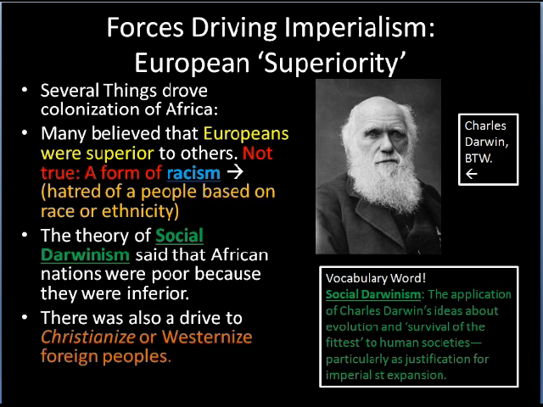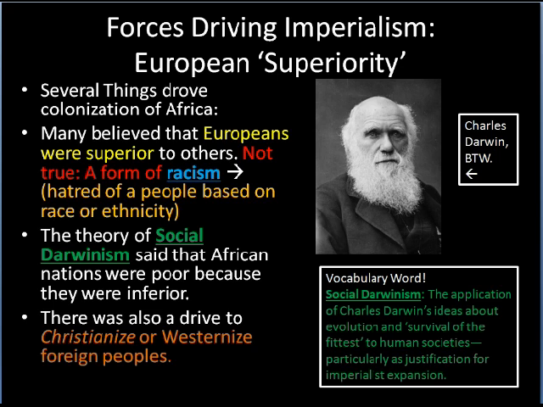Basically what it says is those who were fittest for survival enjoyed wealth and success and were considered superior to others. According to the theory, non-Europeans were considered to be on a lower scale of cultural and physical development because they had not made the scientific and technological progress that Europeans had. Europeans believed that they had the right and the duty to bring the results of their progress to other countries. So pretty much they really felt it was their burden to make Africa more like them, to bring them back to their level, that kind of thing.